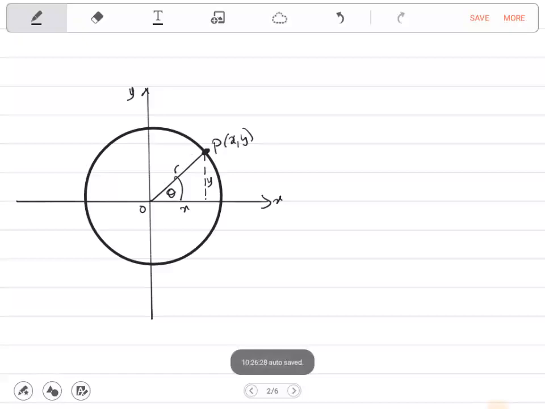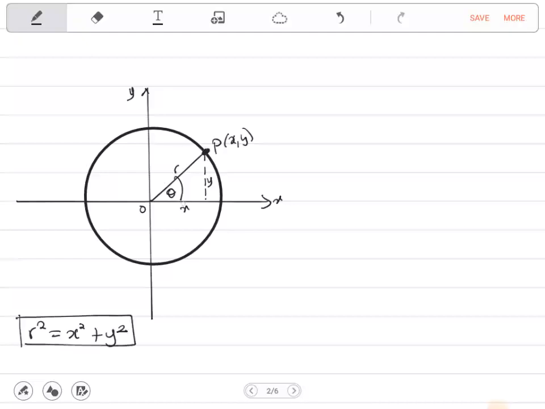Now from the Pythagorean theorem, we know that r squared will be equal to x squared plus what? Y squared. We know this, right? Because this is a right-angled triangle. So r squared is equal to x squared plus y squared. This is Pythagoras' theorem. Now we know that sin theta again is y over r, and cos theta is x over r, right?